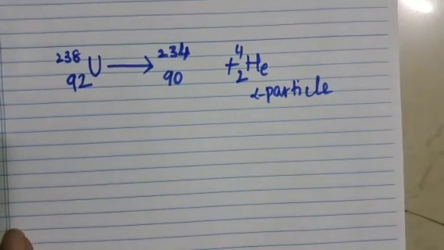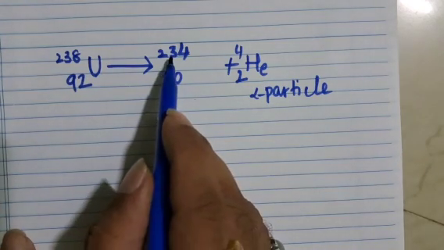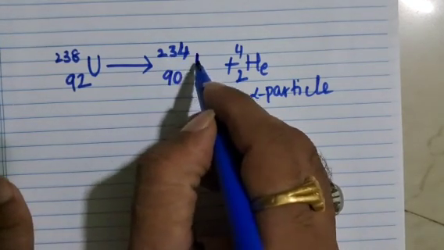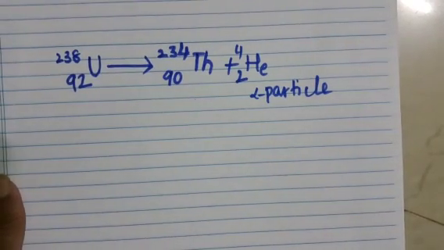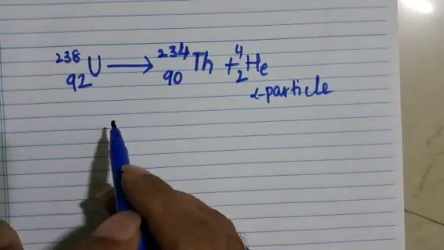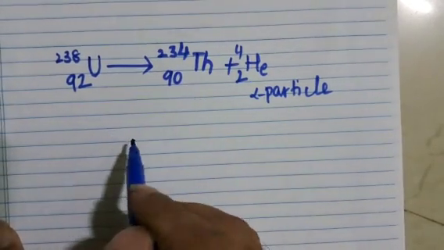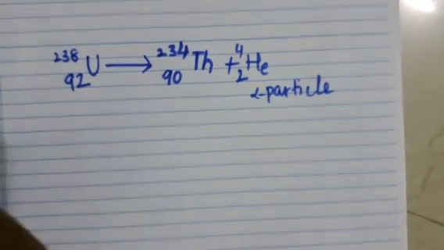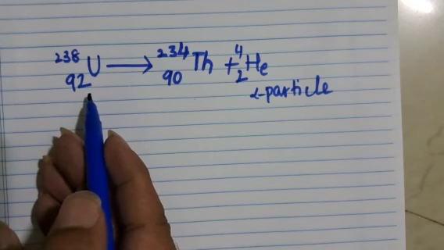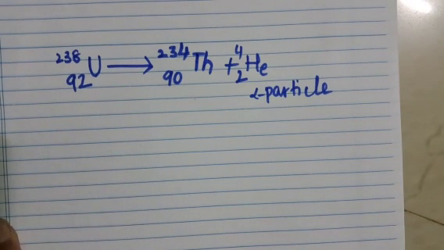The element with atomic number 90 and mass number 234 is thorium. Thorium occupies the position 2 columns to the left in the periodic table than uranium.